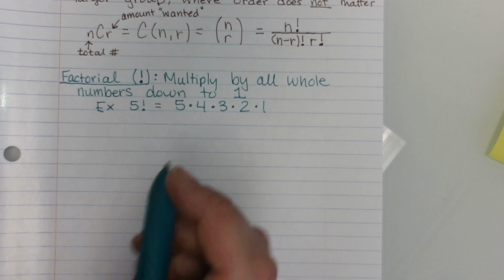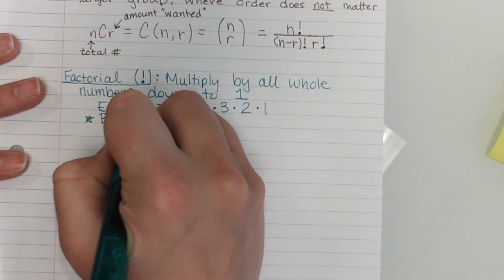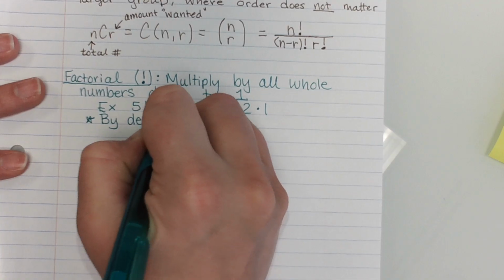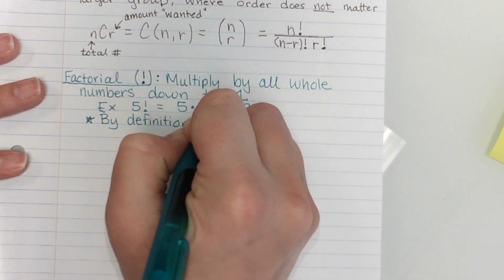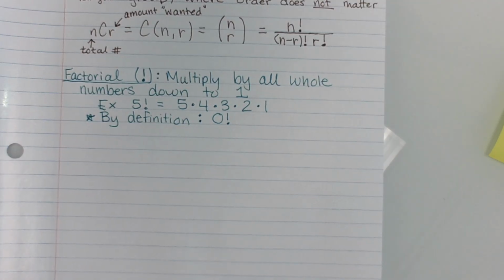Now, something important you need to know. By definition, 0 factorial is something that will pop up, but 0 not being a whole number, because whole numbers are technically only numbers above 0. Actually, it's more accurately natural numbers.